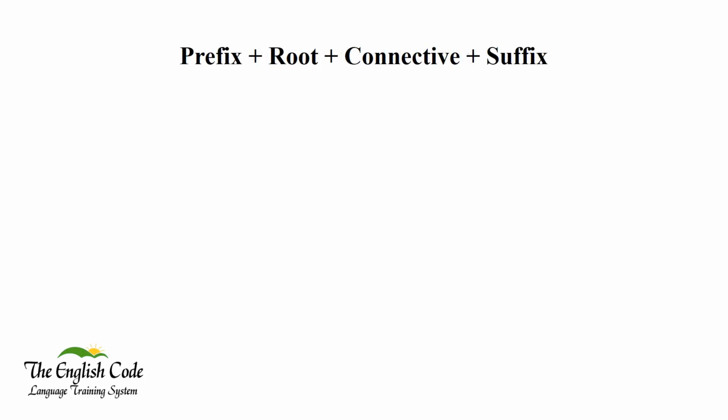For prefix, root, connective, and suffix, we have the prefix ear, a form of the assimilated prefix in, which means no or not. We have the root reg, which means straight, our Latin connective ul, and ar, which means that which is.